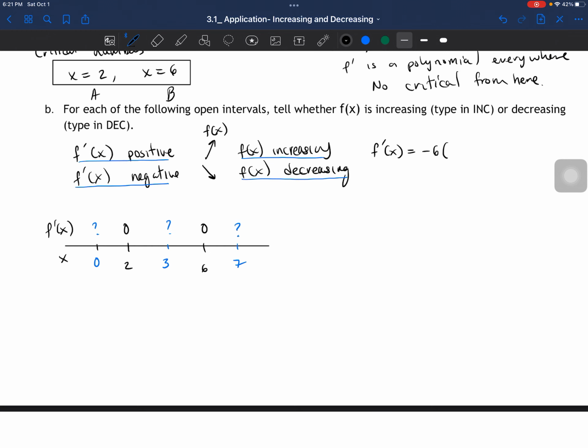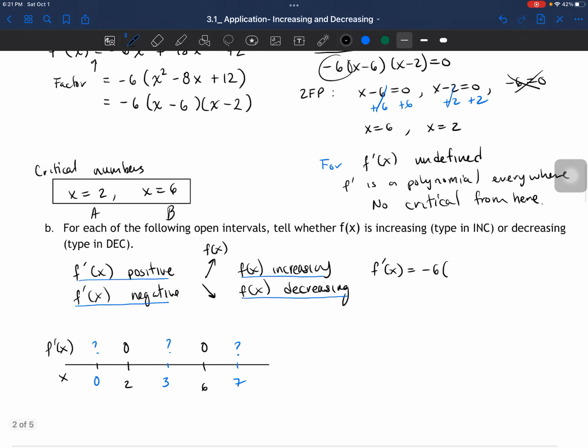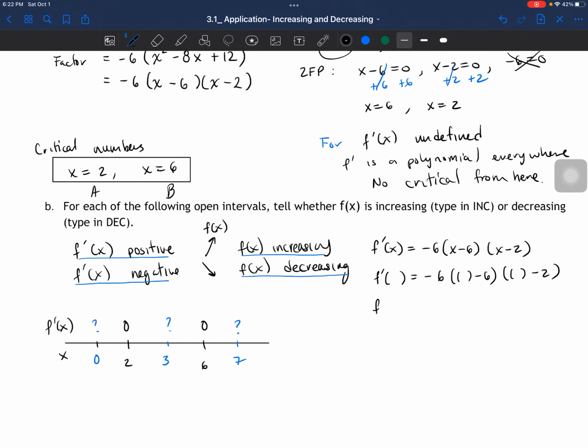So let's write down the derivative. f prime of x is negative 6 times, according to our work, (x minus 6)(x minus 2). And so we're going to try first f prime of 0. Now I'm going to write it out here, set it up for ourselves by plugging in 0.